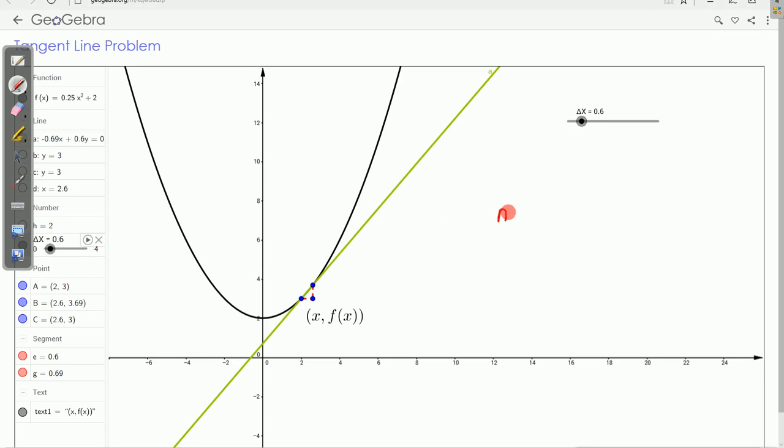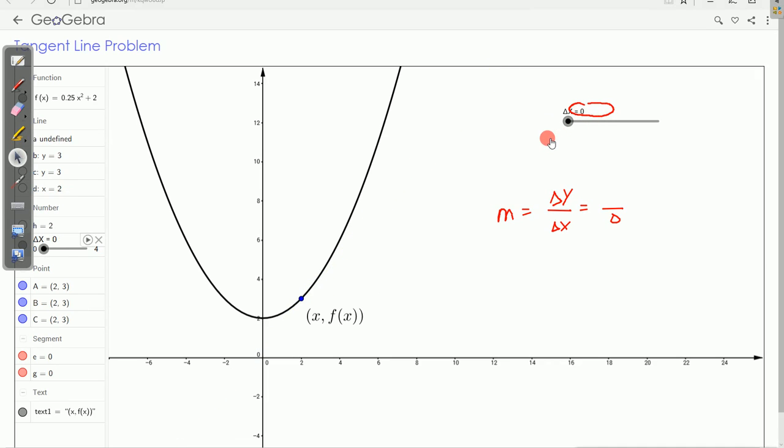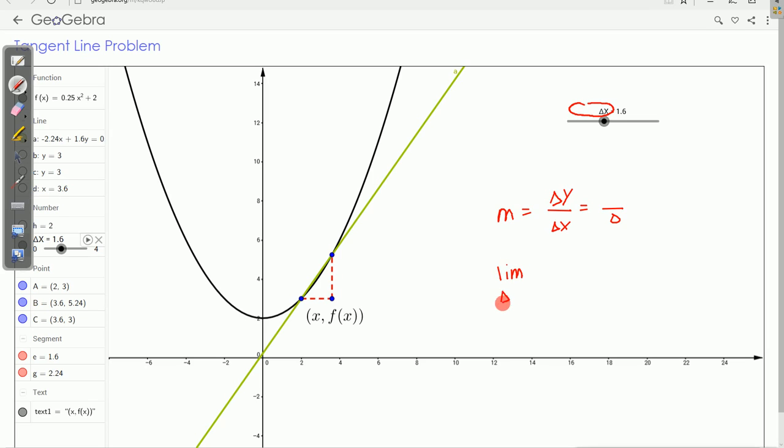Can delta x actually be 0? No. If you make delta x 0, you're dividing by 0, and that is not allowed. And so what we are eventually going to do is take the limit as delta x approaches 0 of delta y over delta x.